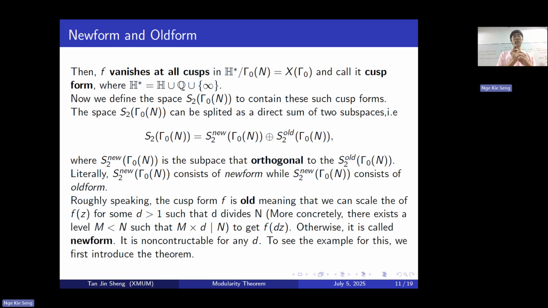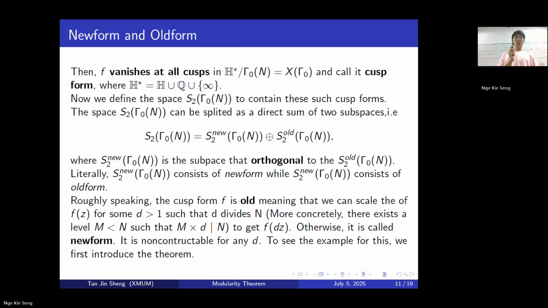We get the notation. The operation is direct sum. Here, we see the words new and old. The new subspace here is a subspace that stays orthogonal to the old subspace.